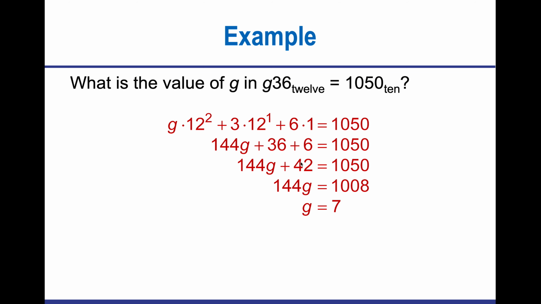Then I'm going to combine like terms of the 36 and 6 to get 42. I'm going to subtract 42 from both sides, and I'm going to divide by 144, and that solves for G equals 7. So it's not as bad as going from base 12 to base 10 completely, because we also have this extra factor of G, but it's like solving a linear equation here. You're just going to use a symbol to represent G.